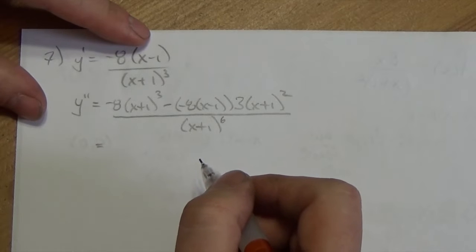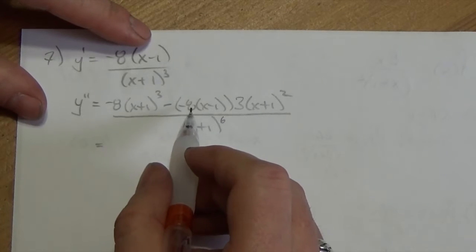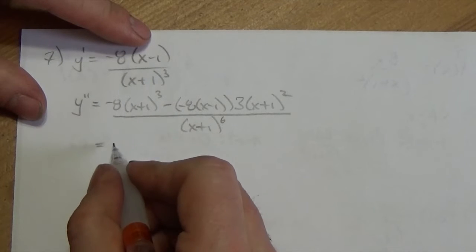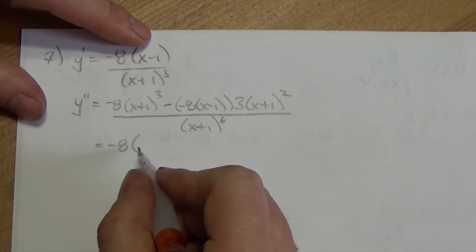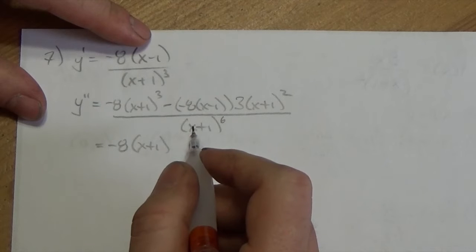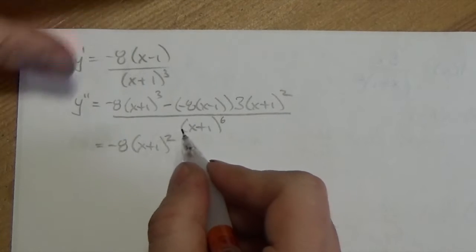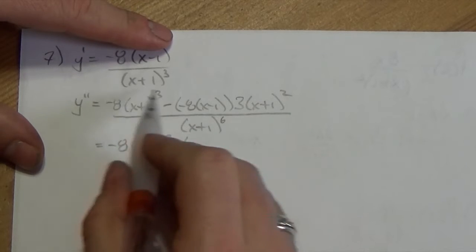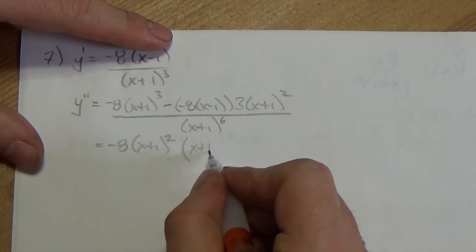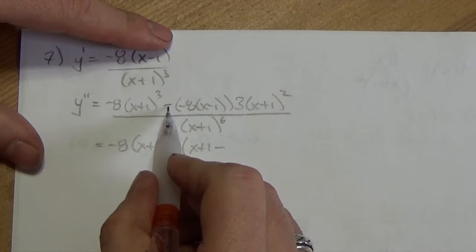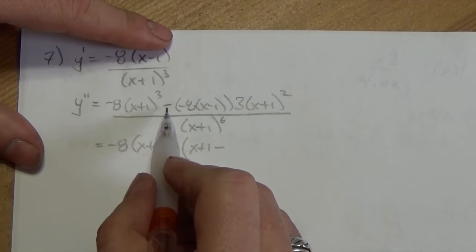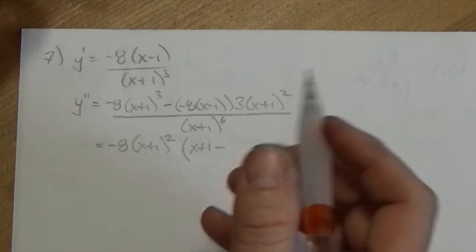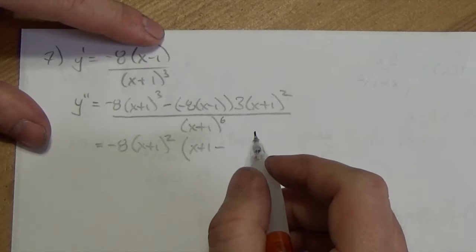Okay, now I will take out whatever's common here. And what I see is common here is a negative 8 and an x plus 1 squared. And when I do that, I am left with, out of my first term here, x plus 1 minus, now bear in mind that I've got the minus the negative, but I took out the negative 8, so that negative stays behind here.